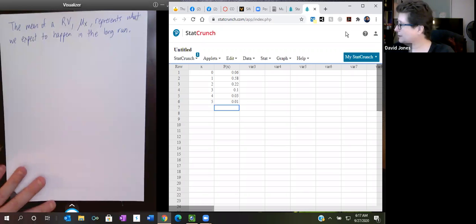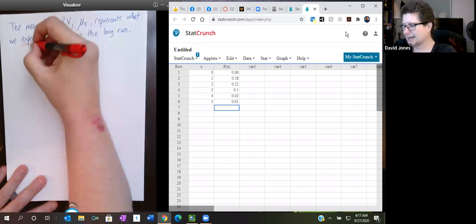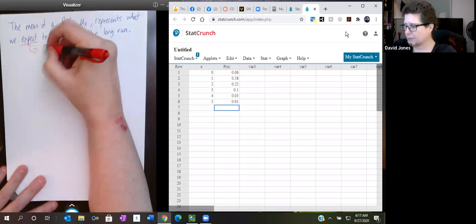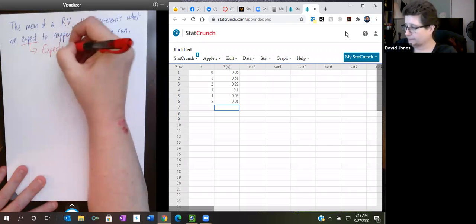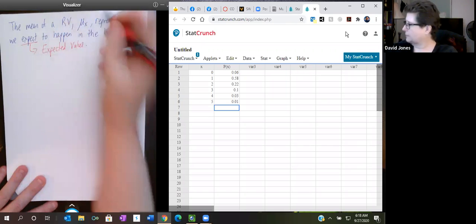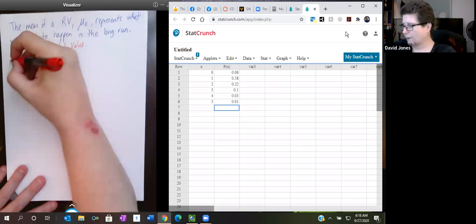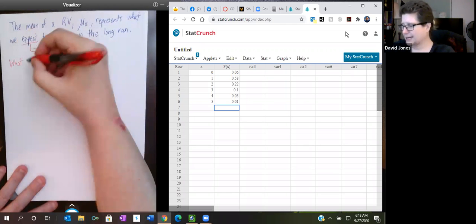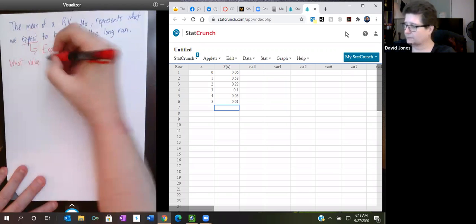Netflix has been around. So the mean of the random variable, mu of x, represents what we expect to happen in the long run. Since it's what we expect to happen, we call it the expected value. What value can we expect for each outcome in the long run?